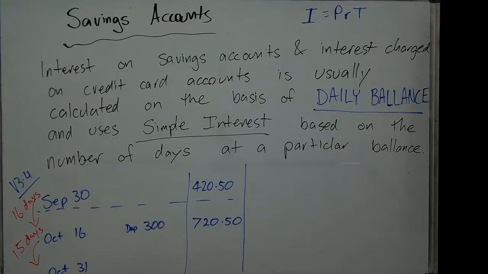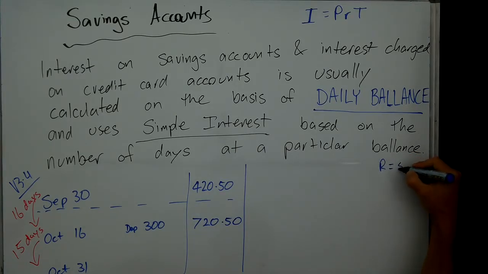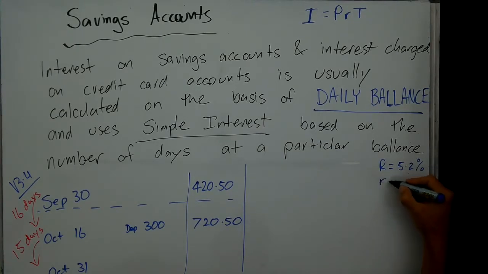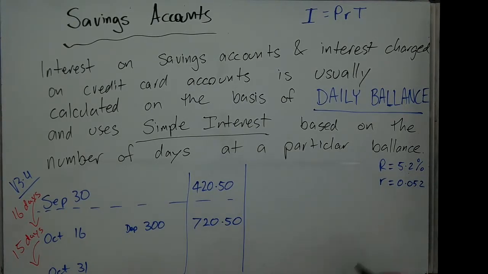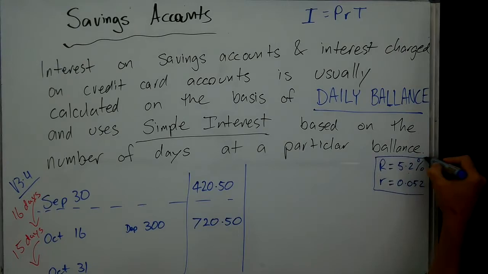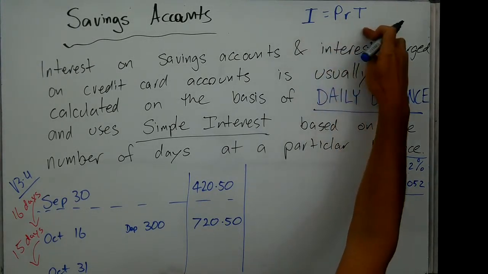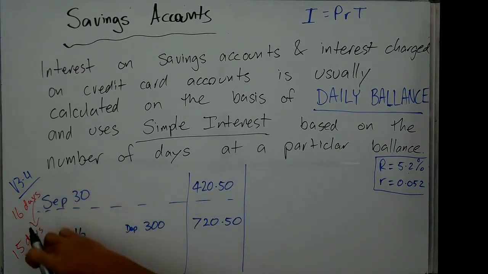The other thing I didn't mention, the daily balance is, the amount of interest is 5.2%. Our rate, 5.2%. So just convert that to a decimal. So what we need to do is two separate calculations using this for these balances at the right amount of days.